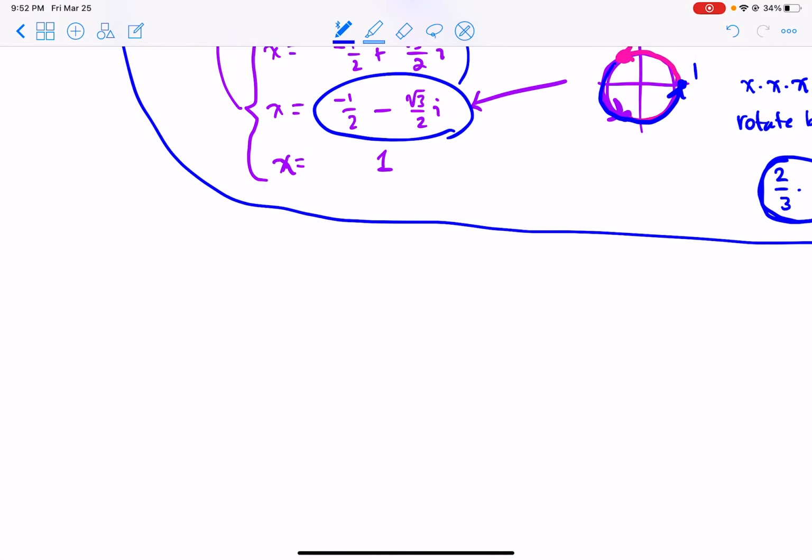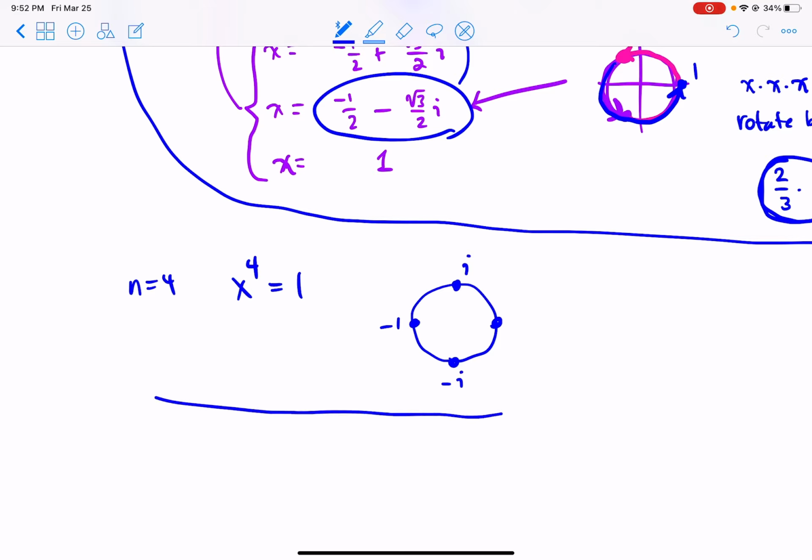Let's do n equals 4. The fourth roots of unity. What solves this equation? One, i, minus 1, minus i. Okay, we're done. Those ones were easy. Okay, 1.